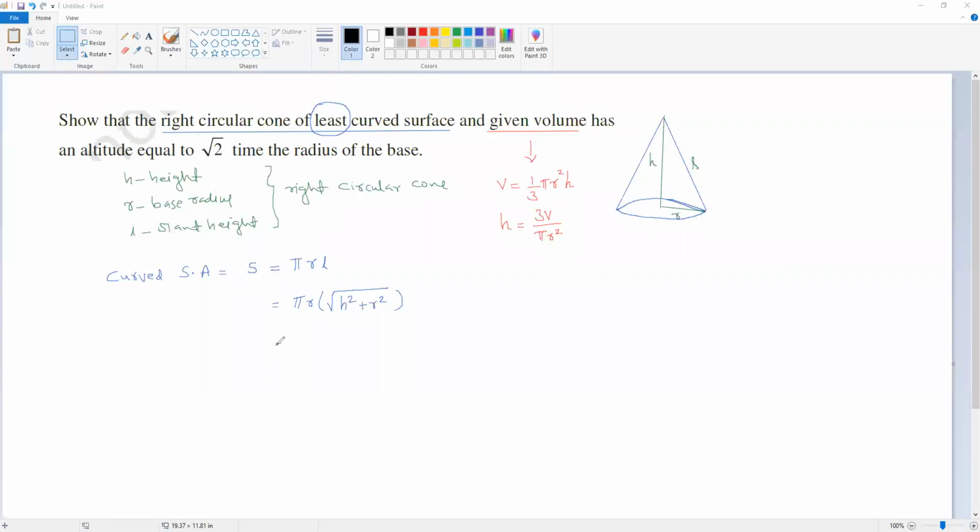Which is equal to pi r into under root h square, that is h is 3v, so it is 9v square.